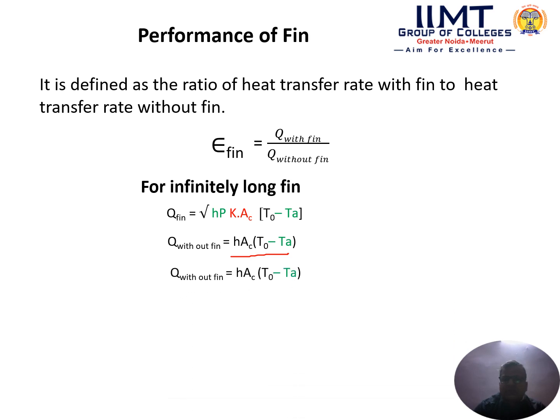Okay, then the ratio of these two gives the effectiveness. That means T naught and T naught will be cancelled, AC cancel, and H cancel. That means this will be equal to under root KP upon HAC. This is the effectiveness of the fin. Okay, clear? Thank you.